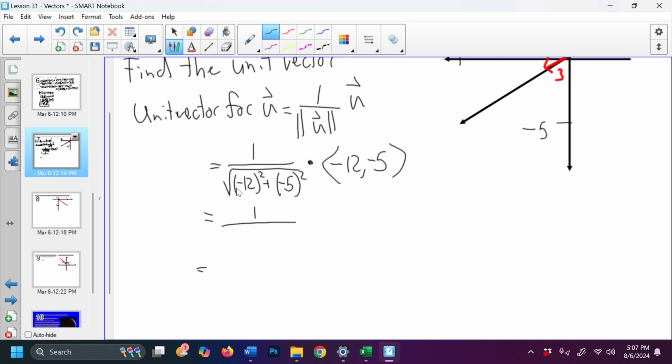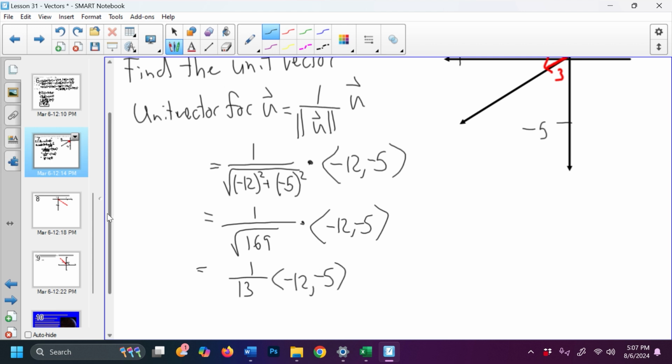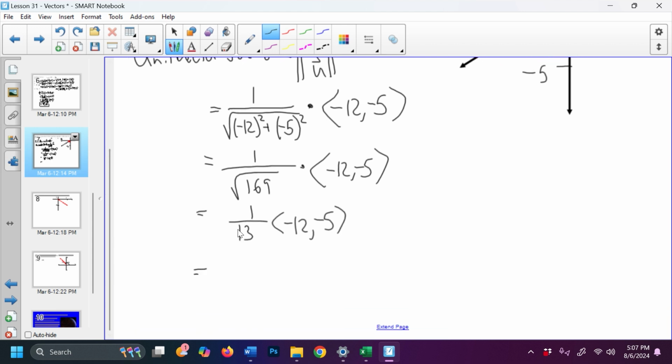So the square root of 144 plus 25 is the square root of 169. And that'll give me 1 over 13, because the square root of 169 is 13. And when I distribute that, I will get negative 12 over 13, comma, negative 5 over 13.